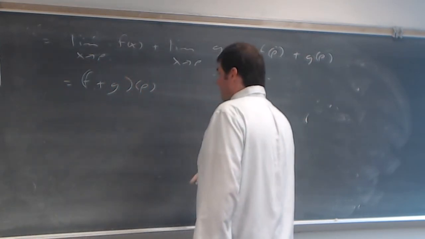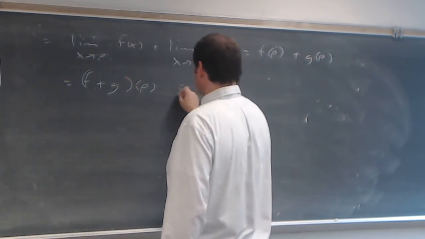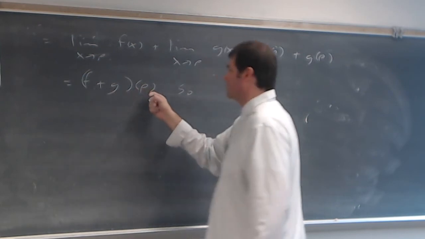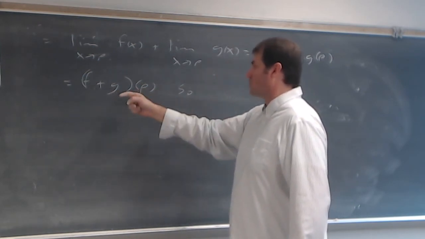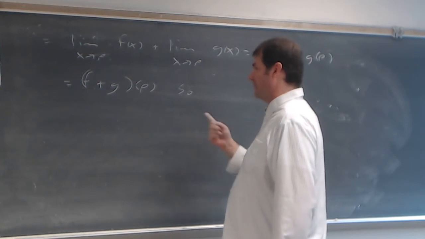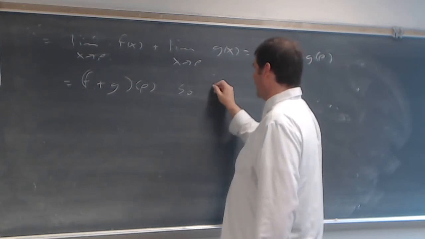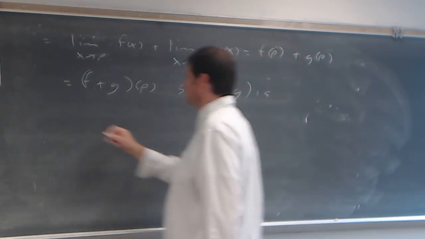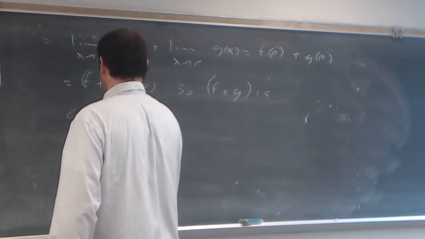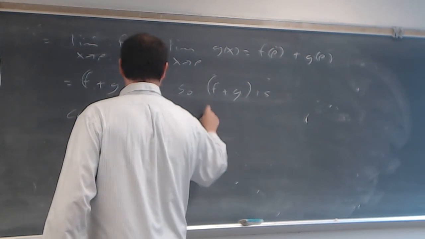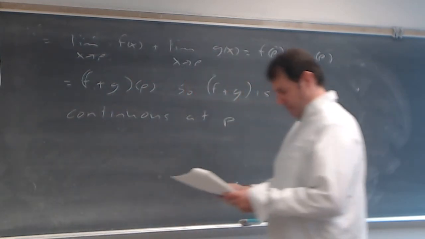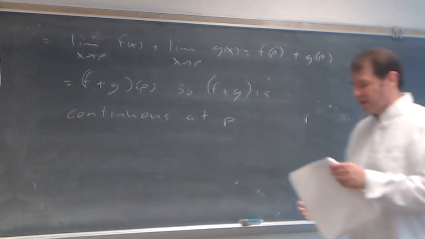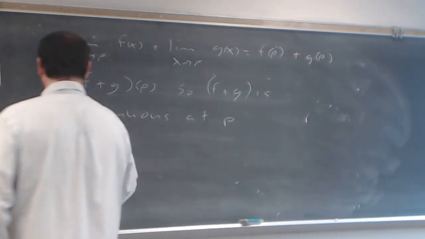We had that theorem as an if and only if theorem, so since the limit as x goes to P of f plus g equals f plus g acting on P, and P is a limit point, that means f plus g is continuous at P. And so that concludes that proof.